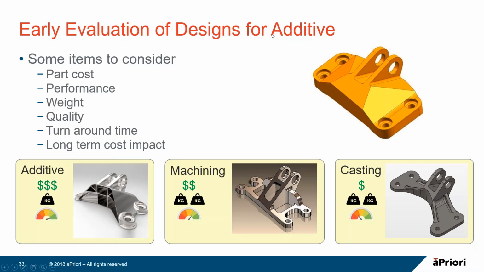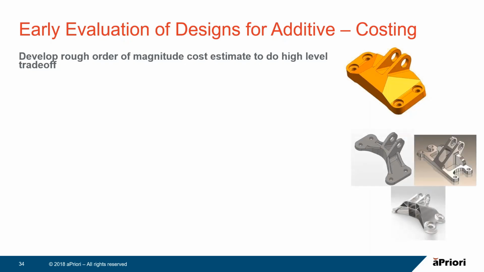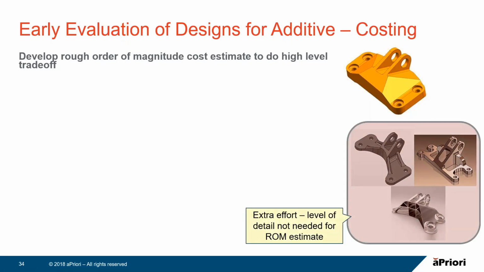Now, in order to facilitate that early costing, obviously a precise cost would be nice, but really to do that early evaluation to determine if additive is an economically feasible path to go down, you really need a rough order of magnitude cost estimate. So you could go off and design these various components for the various manufacturing processes, but that takes time, and it's really an extra level of detail that's not quite needed for a rough order of magnitude estimate.